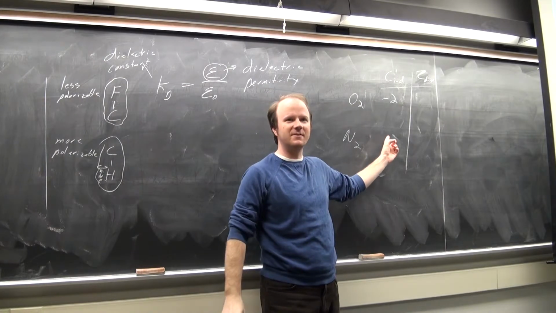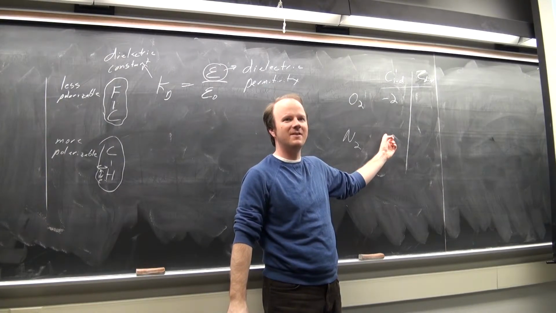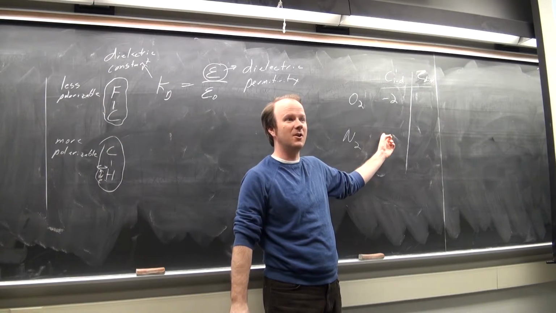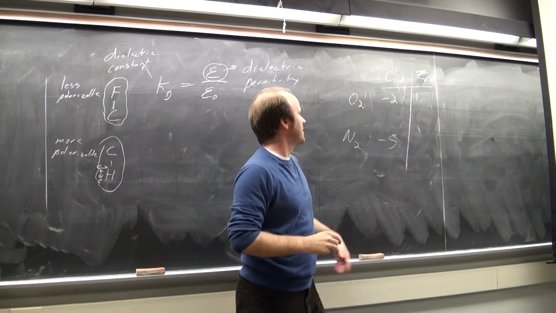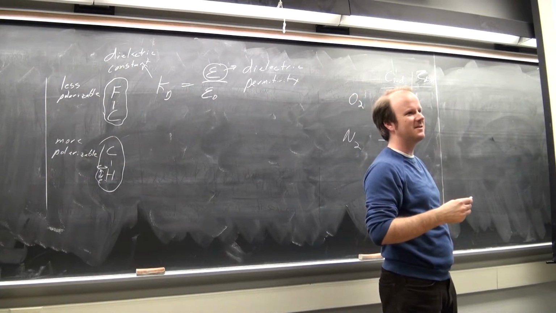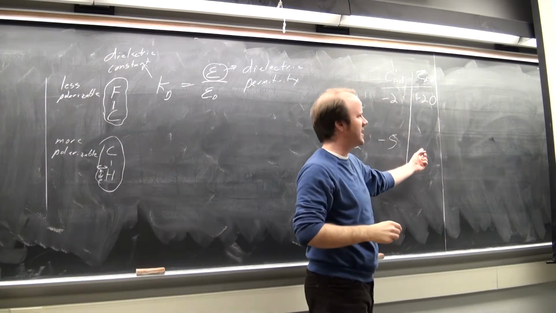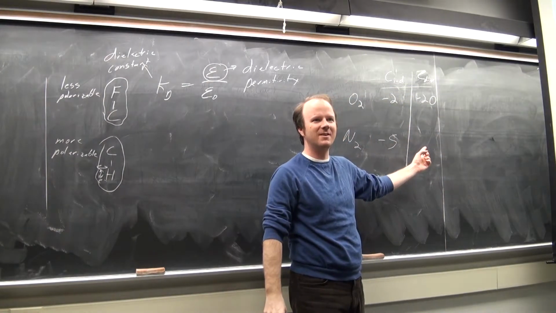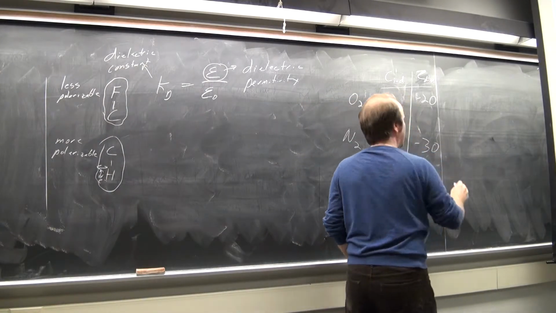Are there induced interactions for nitrogen? Probably. Is the number higher or lower than for oxygen? Lower. More negative, right? -5. What about if I told you, are there dispersion interactions for oxygen? Yes. What's the number for nitrogen? Higher or lower? More negative, right? Why?